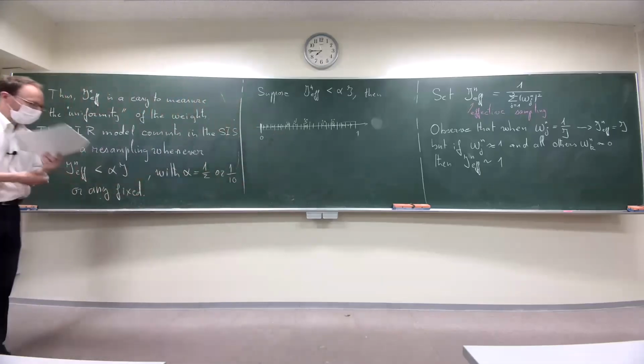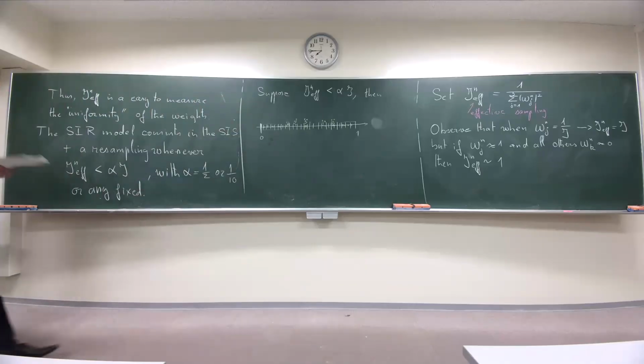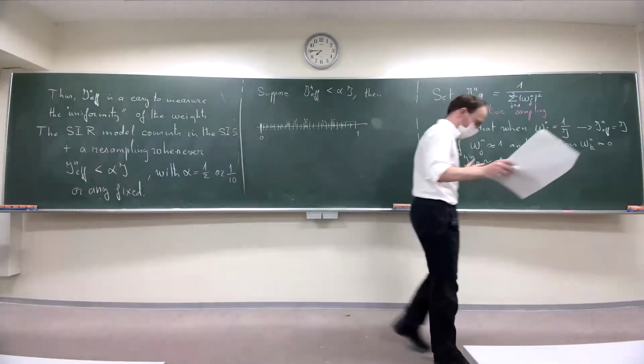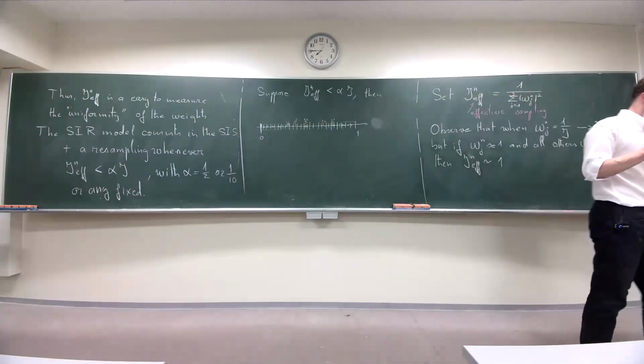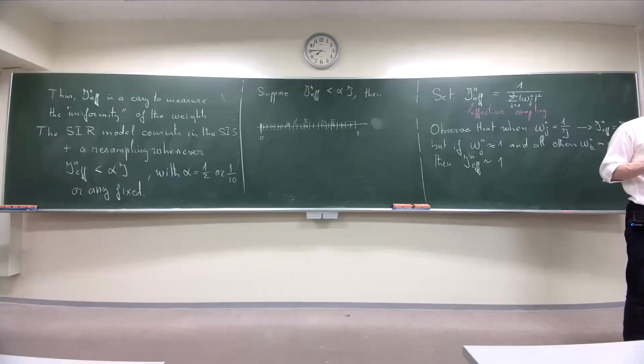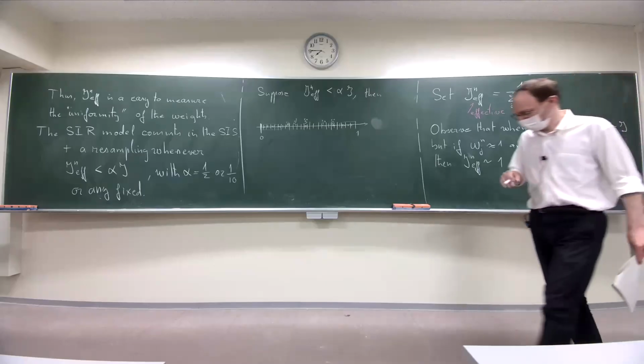I can just copy my notes, but now I don't really understand. Let me first explain with words. What we do, we want to keep the particles which have big weights, eliminate the other ones, and put weight 1 over J to all new particles. So we want to make all weights equal.